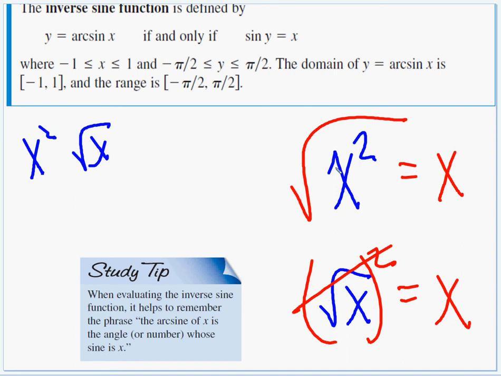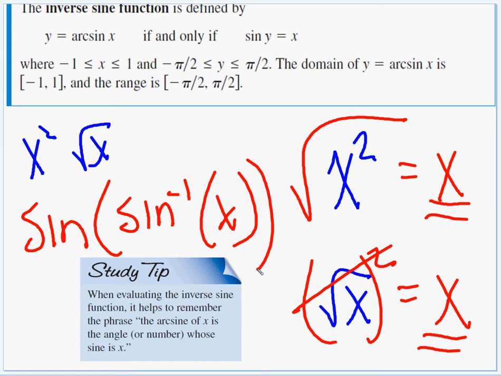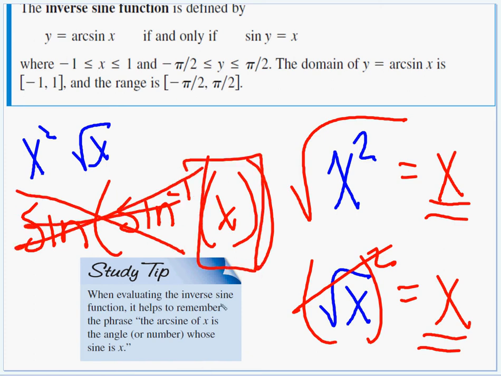So it doesn't matter what order we go in, the root of the square or the square of the root, the answer is the same either way, just x. You're going to see that also with sine and sine inverse. If I have the sine inverse of x, and I take the sine of that, the sine and the sine inverse will cancel, just leaving the x.